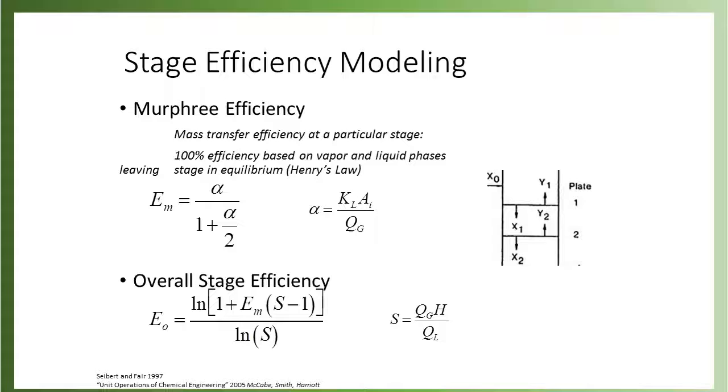So it's a constant. And this alpha term is basically related to how close you are to the vapor-liquid equilibrium. Okay, so the further you are from it, the farther below 1 that you are. Okay. And so you can predict an overall stage efficiency, and you can have a stripping factor, and from this you can start looking at efficiency.